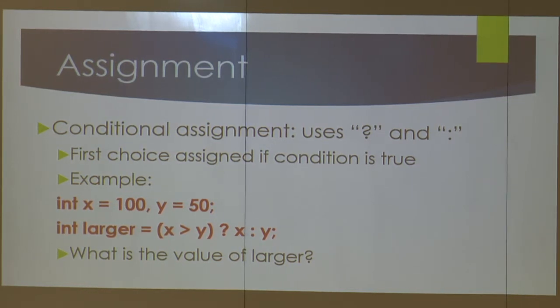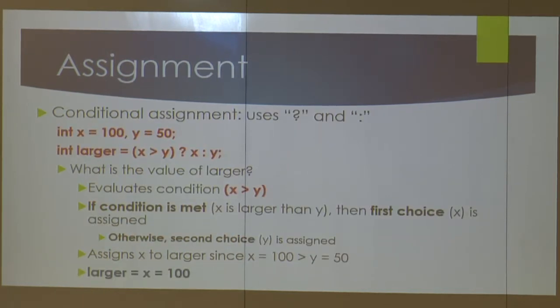So in this example, think about what would be the value of larger there. As I said, x is greater than y, because 100 is greater than 50. So since that condition evaluated to true, the first choice is assigned to larger. And the first choice after that question mark was x, so it becomes larger equals x. So larger ends up being 100.